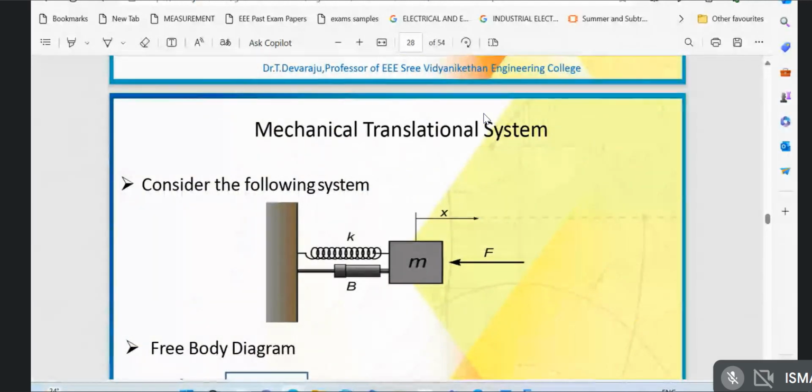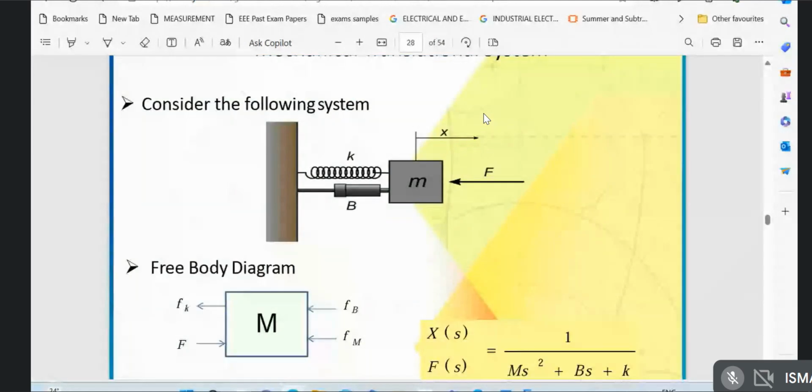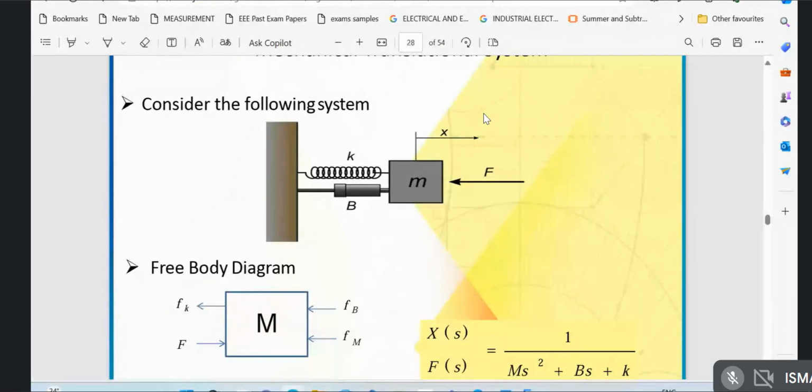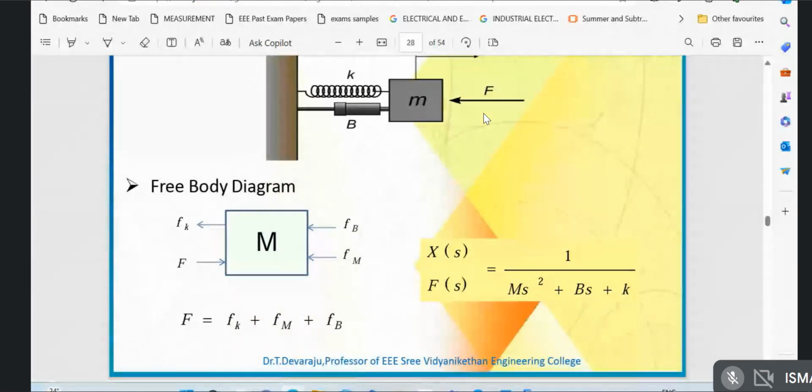So consider this kind of arrangement. The free body mass is being acted upon in this manner. F is equal to Fk, Fm, and Fb: the force due to the spring, the force due to the mass, and the force due to the dashpot.